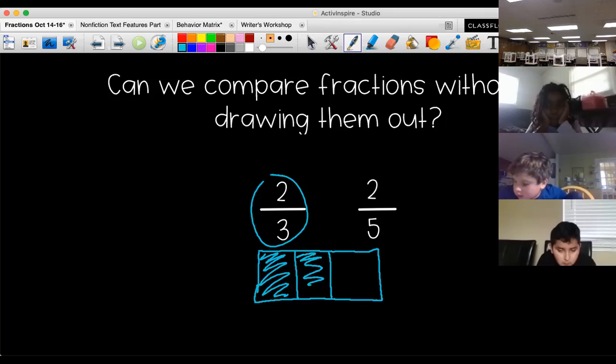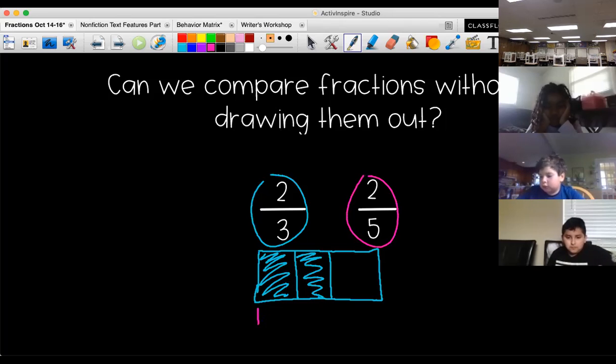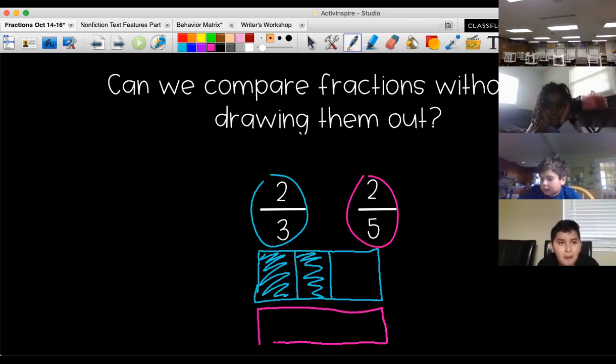I drew them all, and then I drew a line down, and the line didn't connect with 5. So 3 was the bigger number. So you did it by drawing.